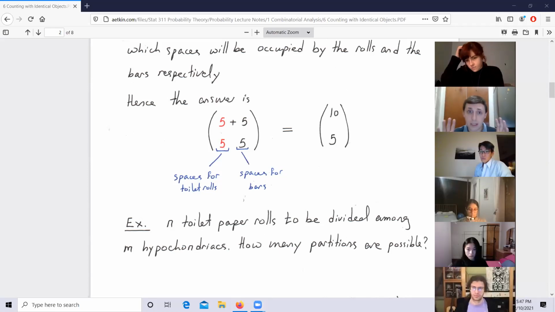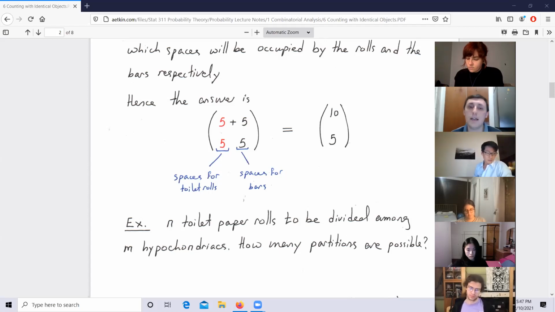So very simple, guys. If you understood my analogy, if not, you just ask me to re-explain it. How many bars do I need? I need exactly m minus 1 bars. Do you agree? M minus 1 bars. And additional n spaces. So the spaces for the toilet papers plus the spaces for the bars make together n plus m minus 1 spaces.